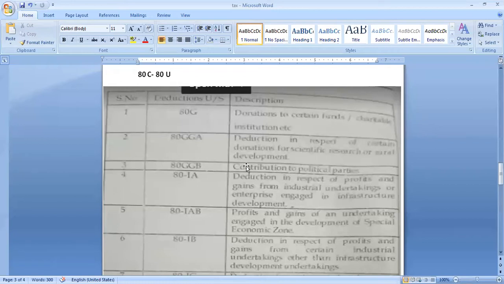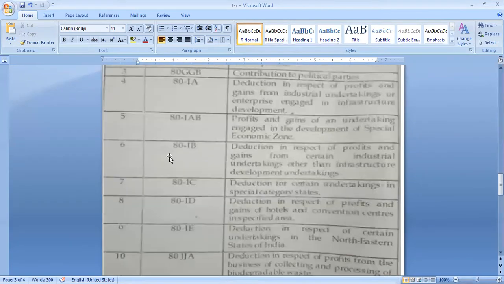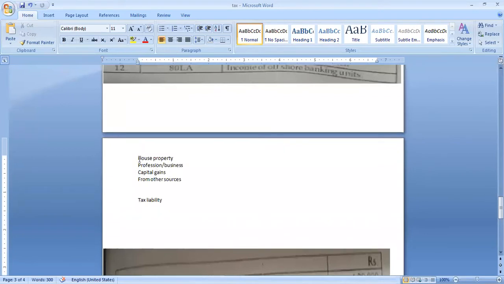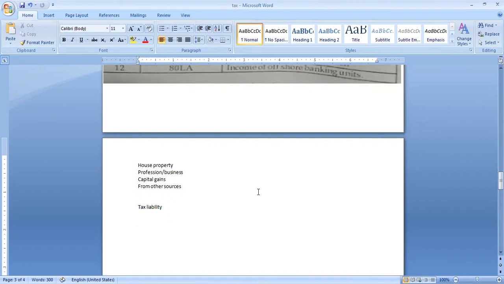So in our previous class, what we have learned is how to calculate income from house property. For a corporate assessee, except income from salary, all remaining incomes are going to be there. Income from salary will not be there for a corporate assessee. Remaining 4 heads of income are going to be there.